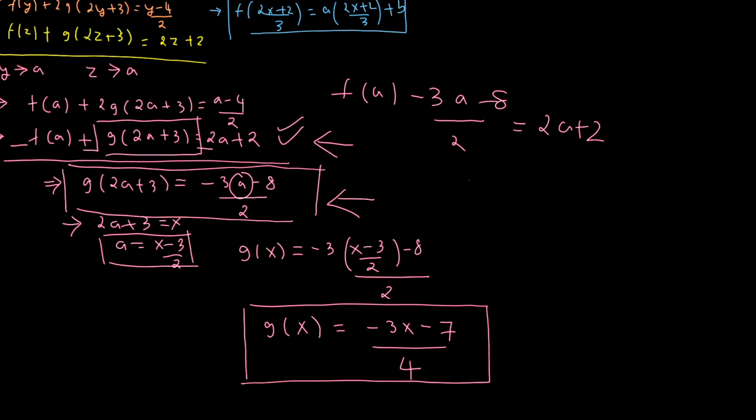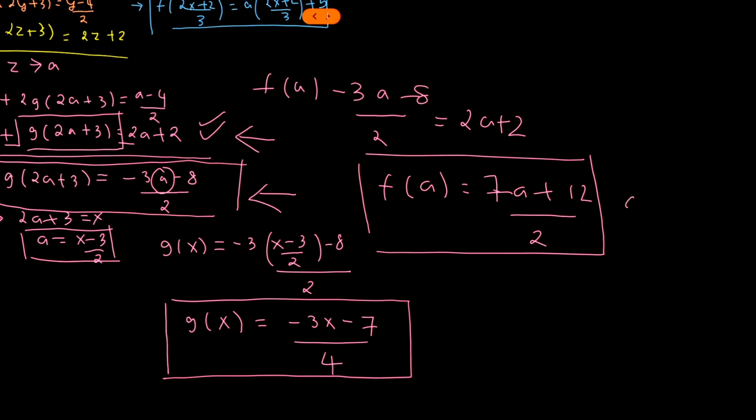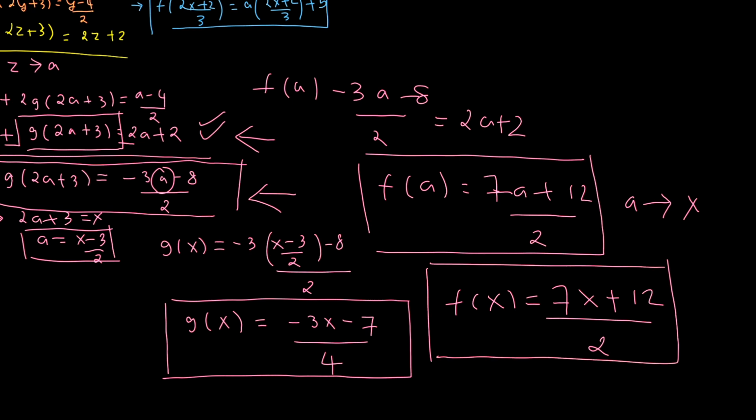Now when you simplify this equation, the value of f of a will turn out to be 7 times (a plus 12) divided by 2. And this is almost the final answer. All we need to do is replace a with the variable x. So the value of f of x will turn out to be 7 times (x plus 12) divided by 2, and this is the answer that we were looking for.